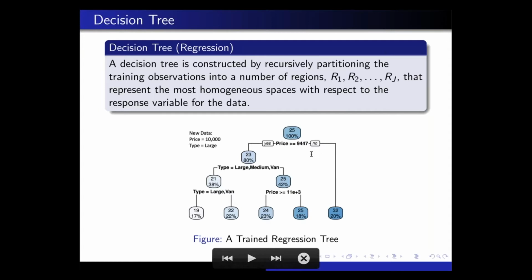So faced with this new data point that has a price of 10,000 and type of vehicle equal to large, the decision tree will go to the left branch three times, and then finally end up in this node, which means that the prediction for this new observation will be 19.